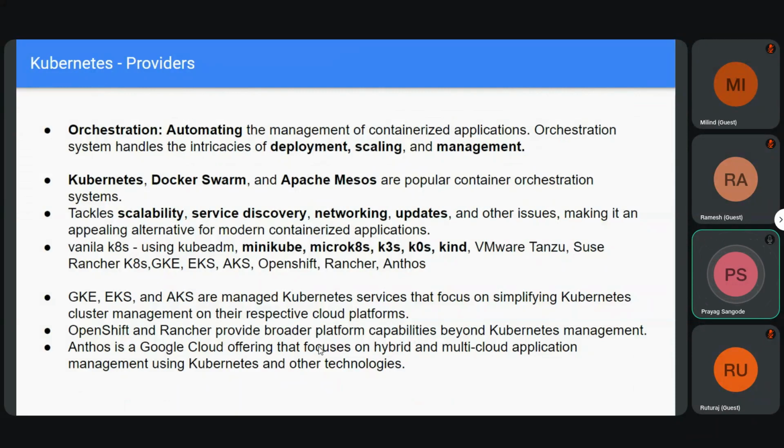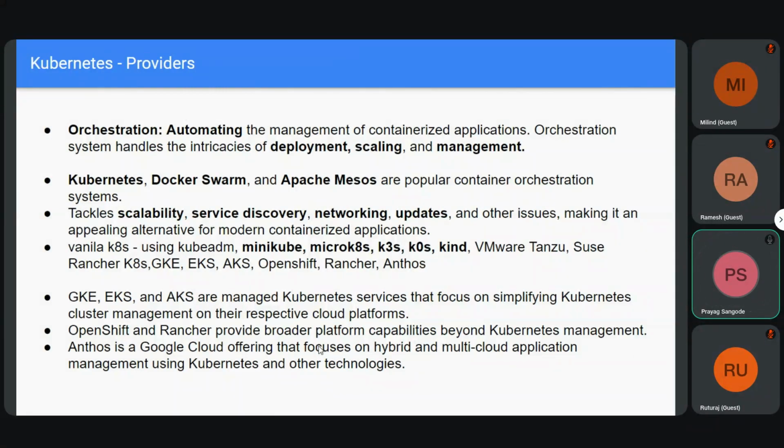And what does Kubernetes do? It helps us in achieving scalability and service discovery, meaning if there are many containers, whatever service any container is running, it is easy to discover. Networking updates and other issues are automatically handled by Kubernetes.